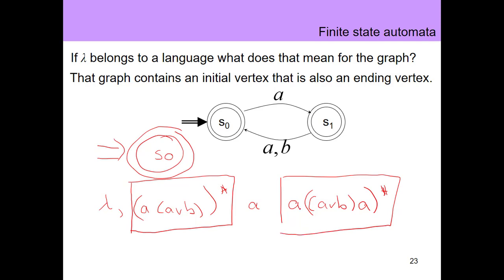So start in S0, then we go to S1, and then we can continue by taking this cycle over and over again. So the complete regular expression would be A followed with (A or B) star, or A followed with (A or B, A) star.